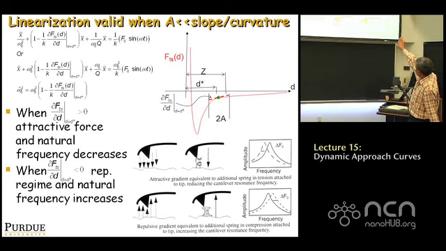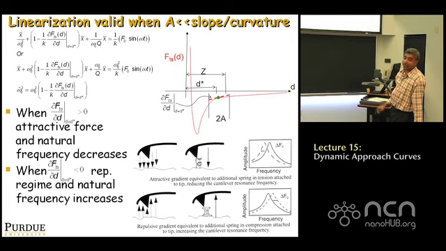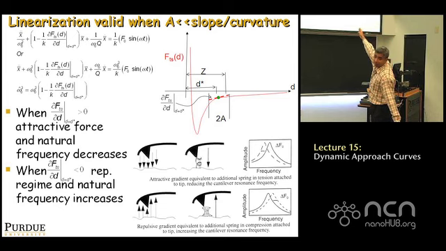So in other words, whenever you have an attractive gradient, let's step back a little bit. When you look at this F versus d curve that we have here, right? We have what are called attractive gradients, and we have what are called repulsive gradients, okay? An attractive gradient, according to this scheme, would be whenever the slope is positive. Partial F partial d is positive, basically everywhere to the right of that minimum force point.